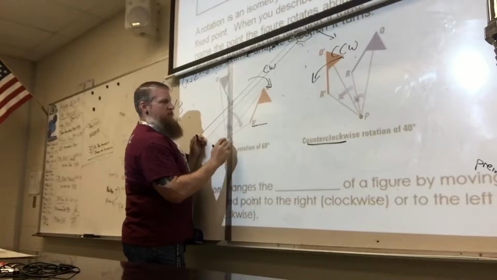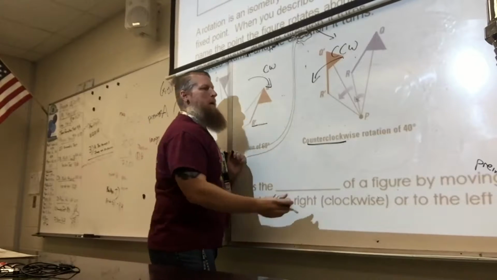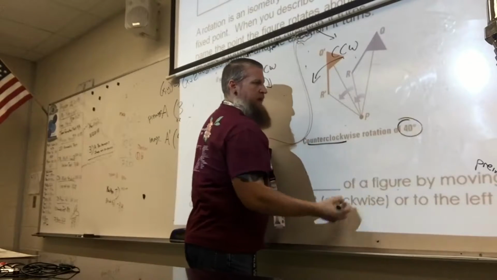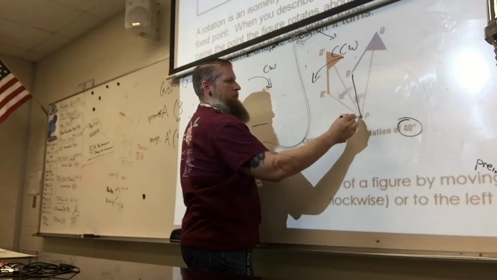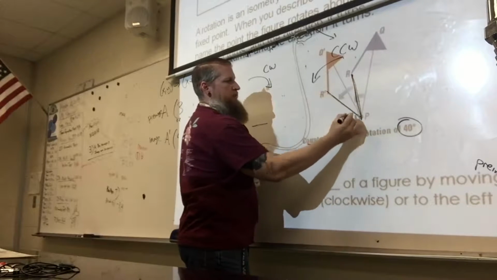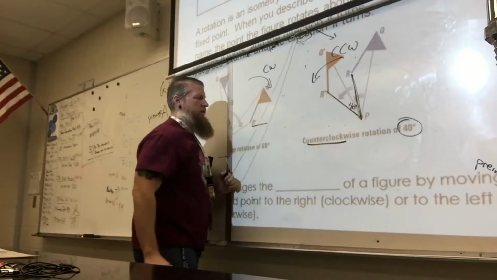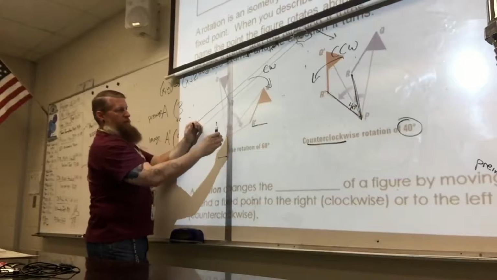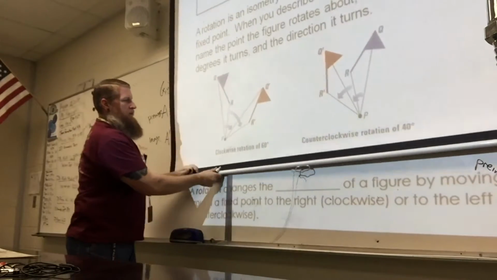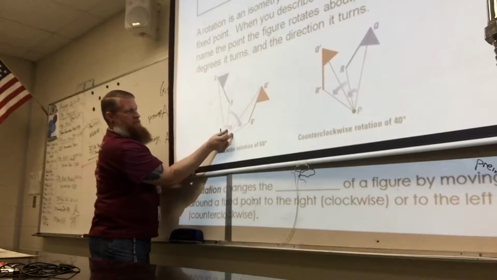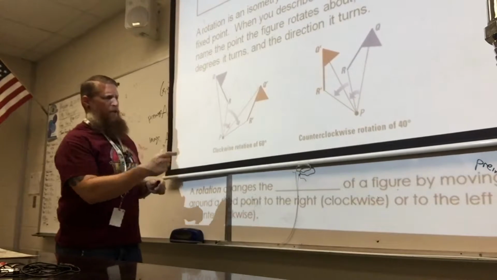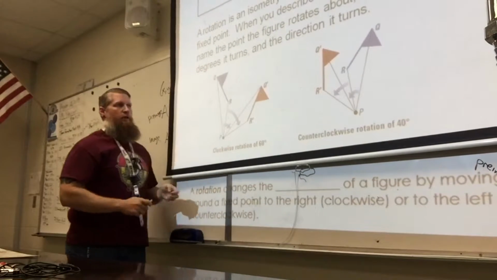Like this one here is 60 degrees. That one over there is 40. Meaning that this angle right here would come from those two put together. So that would be like a 40-degree angle in that case. And the other one over here, which I can't draw on, but like this angle right here would be 60, and so would that. And you're always going to be given an angle measure and a direction to go.